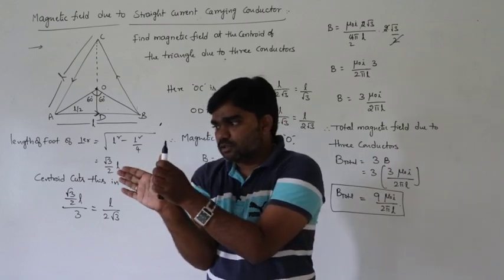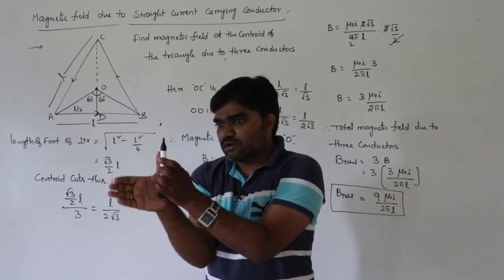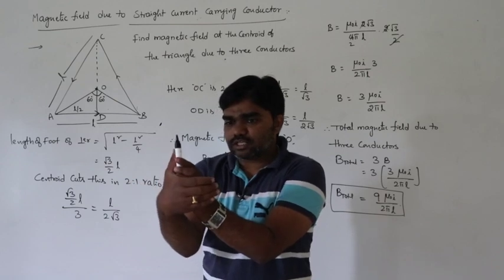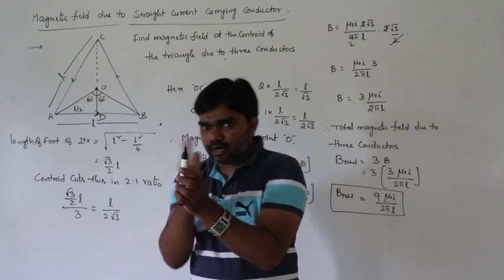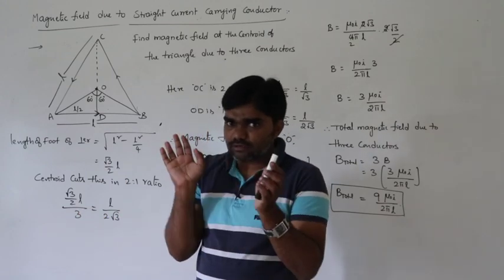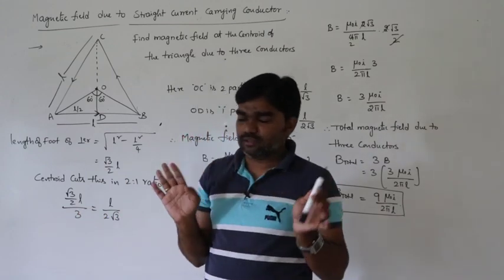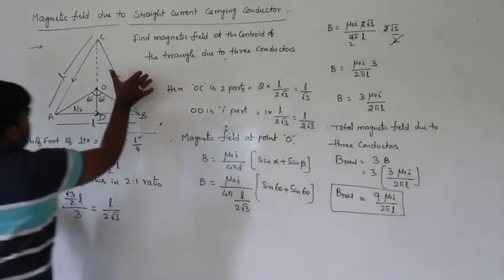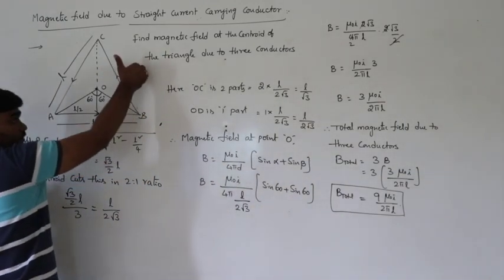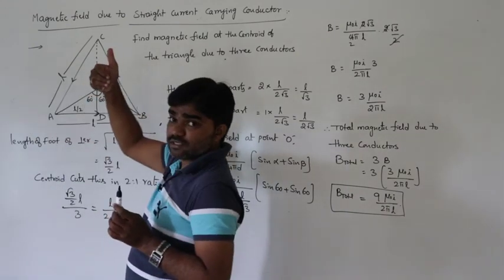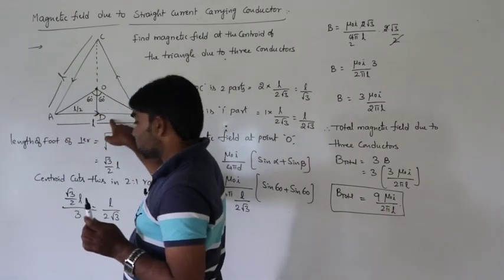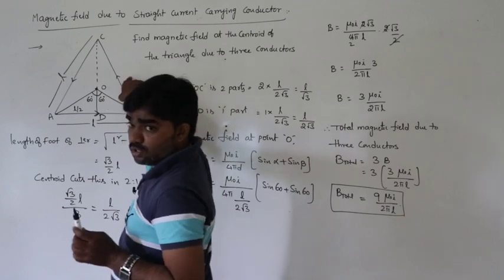At this position, the curling of the fingers is inwards, but at this position the curling of the fingers is outwards. So on the right side and left side, the magnetic field is in different directions. That is why on this side the magnetic field is inwards, but at this point it is outwards. Due to this one outwards, due to this one also outwards.